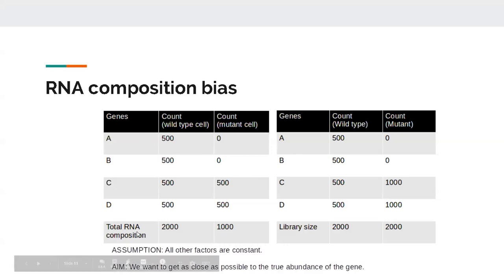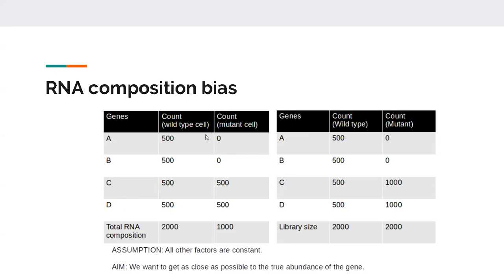Now imagine again, this is the reality table and this is what you get from your sequencing. In reality, you know that the total RNA composition in wild type is 2000 and the total RNA composition in the mutant is 1000, in such a way that there are 500 transcripts being produced by gene A, 500 by gene B, 500 by C and 500 by D. But gene A and B are differentially expressed in reality, whereas C and D are not.